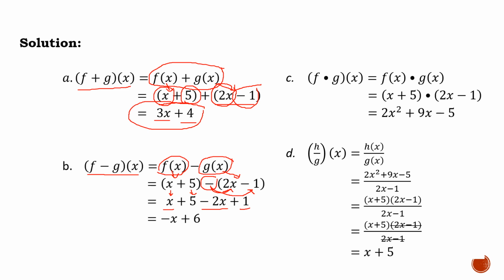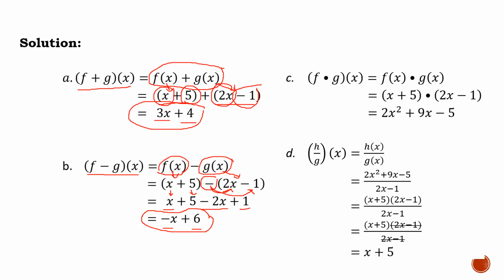So x minus 2x is equal to negative x. So 5 plus 1, they are both positive numbers, so we just simply add them. So 5 plus 1 is equal to 6. So our final answer for this letter B is negative x plus 6. So that will be your answer for letter B.